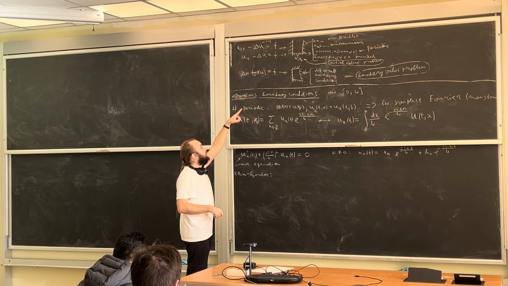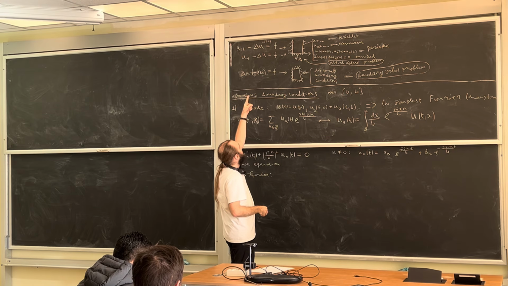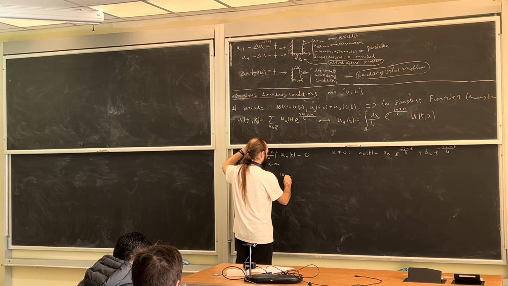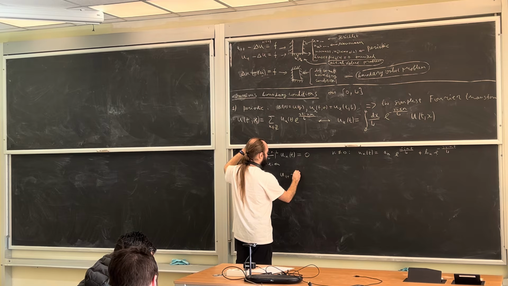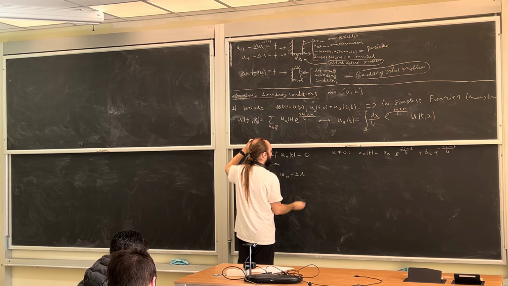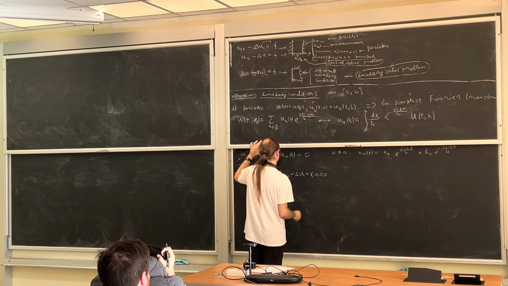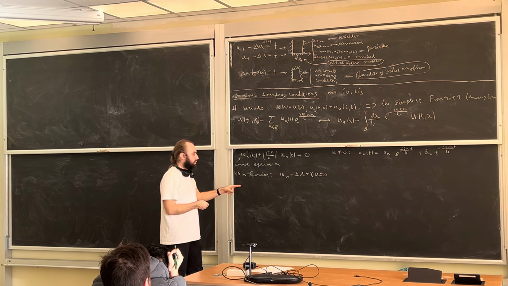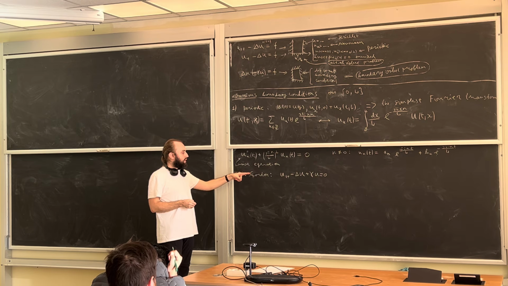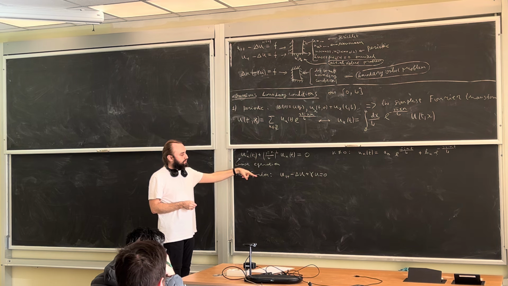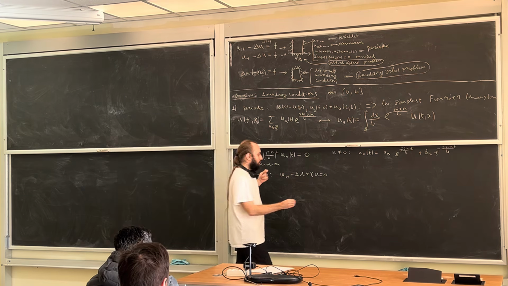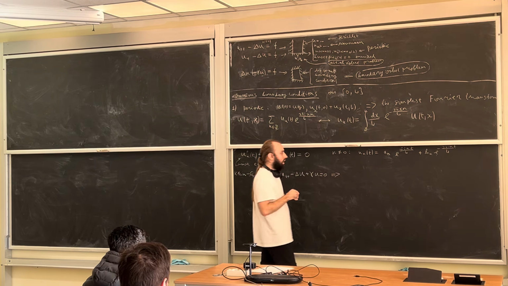So in this case, we have another term, in a sense, utt minus Laplacian of u plus gamma u equals to 0. So what will it give for the mode expansion?